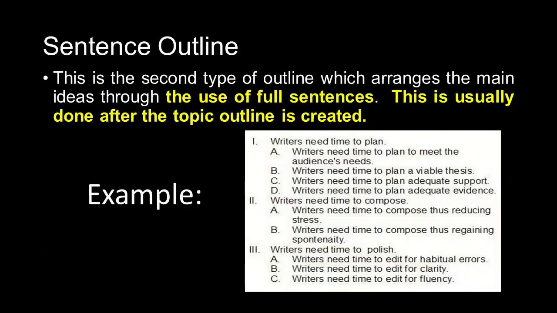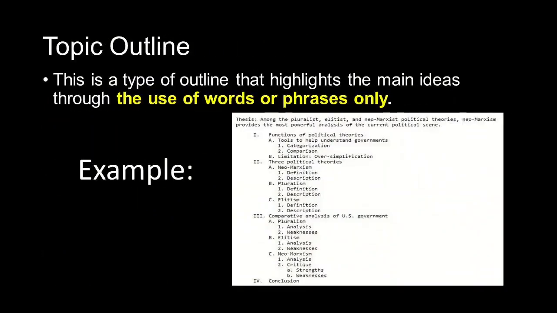This can be seen in this example. As you can see, the main ideas are in Roman numerals, the subtopics are in capital letters, and the specific examples given are in numbers 1 and 2.